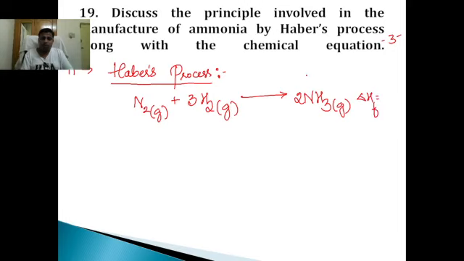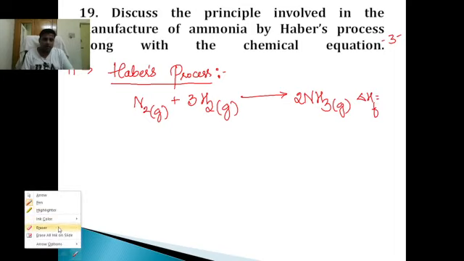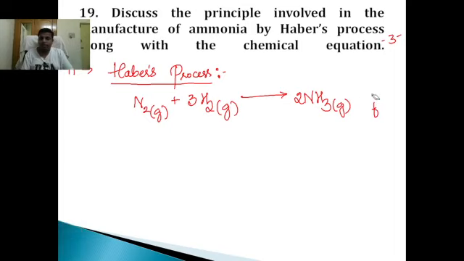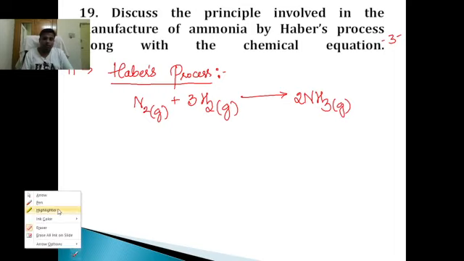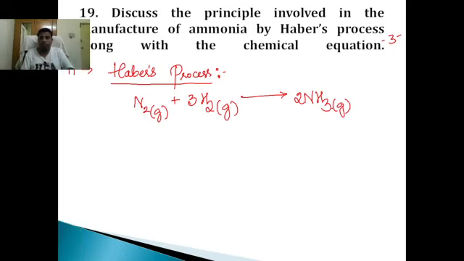If you don't know, that's okay, no problem. Don't risk yourself by writing something wrong. Nowhere has it been asked, you just have to write the reaction: 1 mole of nitrogen reacts with 3 moles of hydrogen to form 2 moles of ammonia.